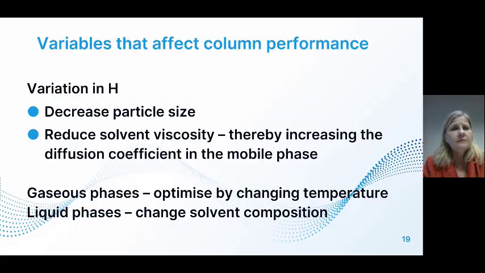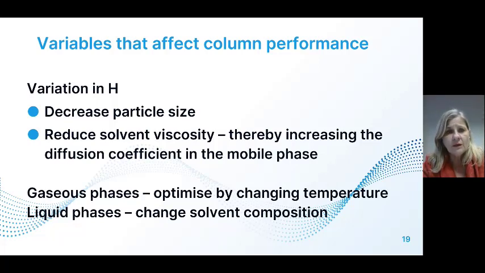So these are the methods that you can start looking at if you don't get an efficient separation. We looked at variations in your plate height, and remember, if we look at the van Deemter equation, we can change H, the plate height, by looking at our flow rate, but also the particle size. And then for LC, we can reduce the solvent viscosity, and that increases the diffusion coefficient in the mobile phase.